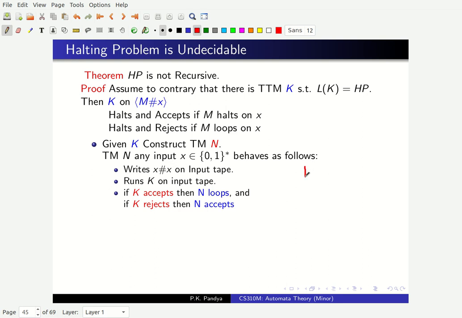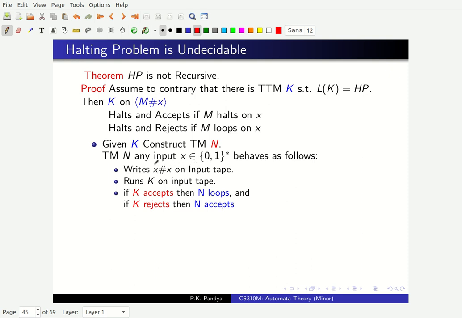So your tape, which initially contained x, will now contain x hash x at the end of the first step. You just have to copy this x out. After adding a hash, you copy this x, and that can easily be done. You can design some transitions which will do this. So my phase 1 is going to transform input x into x hash x, right?